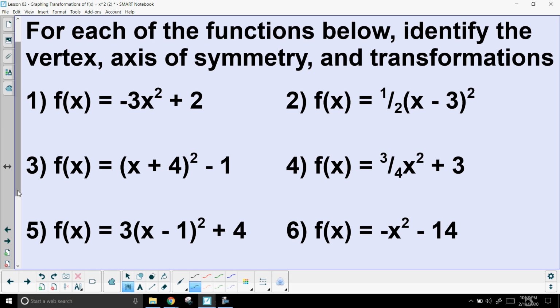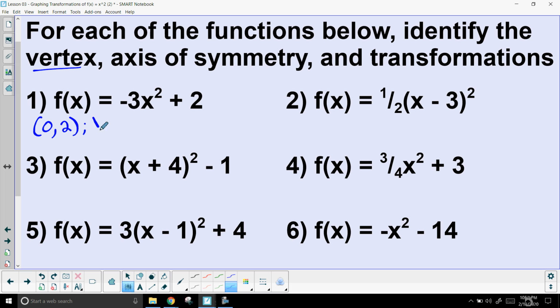All right, here we go. This is how I would look at it. Vertex. My notes say it's the H and the K. Well, there's no H. So the fact that there's no H, that means it's 0. Here's K, it's 2. Boom. That's my vertex. Axis of symmetry goes through the vertex. So it's going to be X equals 0. I pulled the 0 from the X part of the vertex.